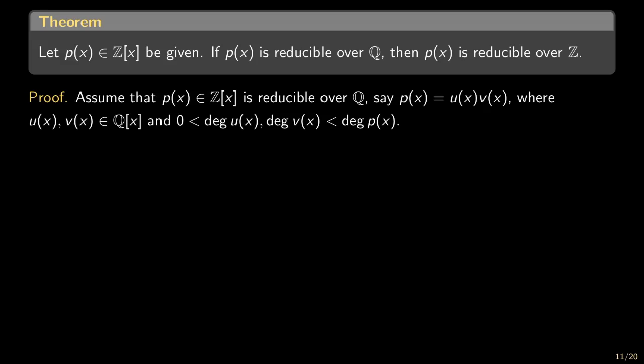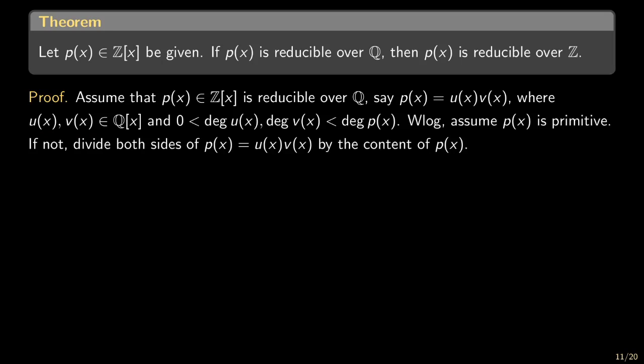So to prove, assume that p of x, an integer polynomial, is reducible over Q or factorable over Q. Because Q is a field, we can write it in the form u of x times v of x, where these are polynomials of lesser degree but non-constant.